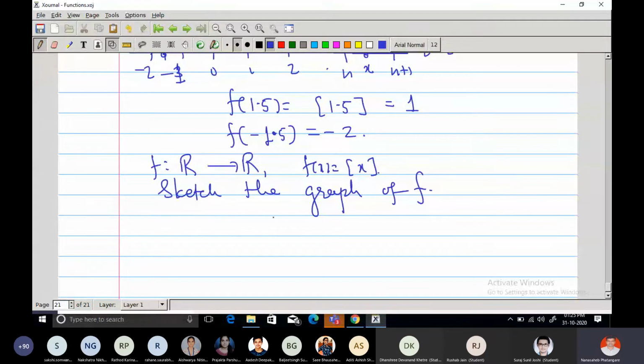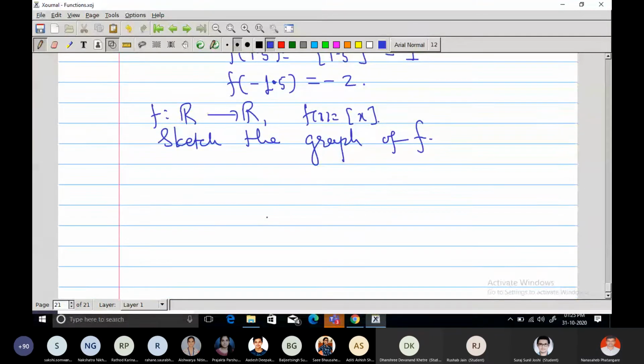Right, now sketch the graph of f. Now try to sketch the graph of this function. If x lies in between 0 and 1, then what is the value of the function? 0.